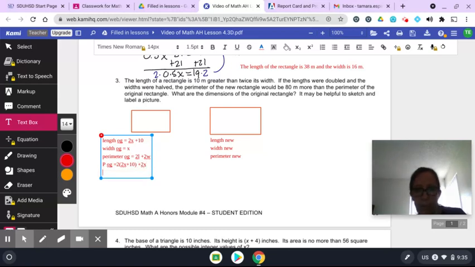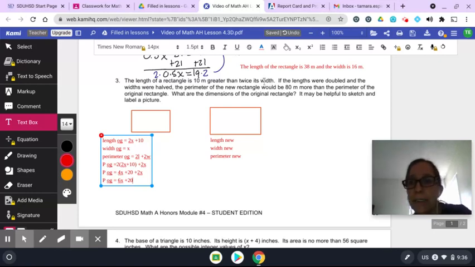Clean it up. My original perimeter, I've got 4x plus 20 plus 2x. Still a mess. My perimeter, original, 6x plus 20. See how I am simplifying my perimeter expression before I ever wrote an equation? I have not even touched my equation yet.